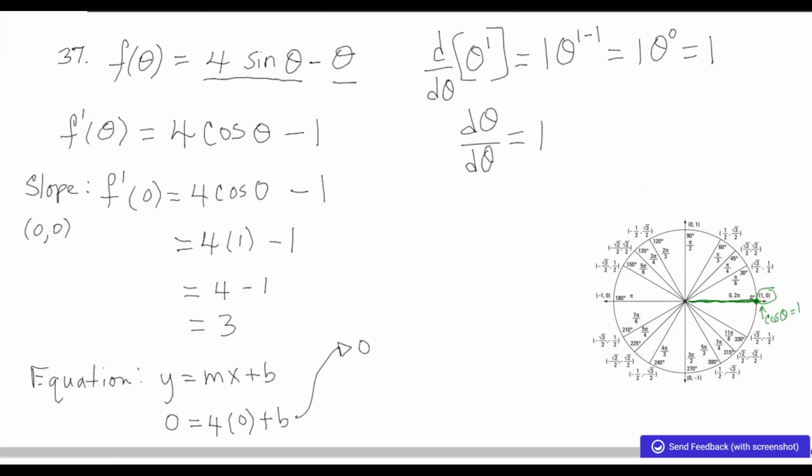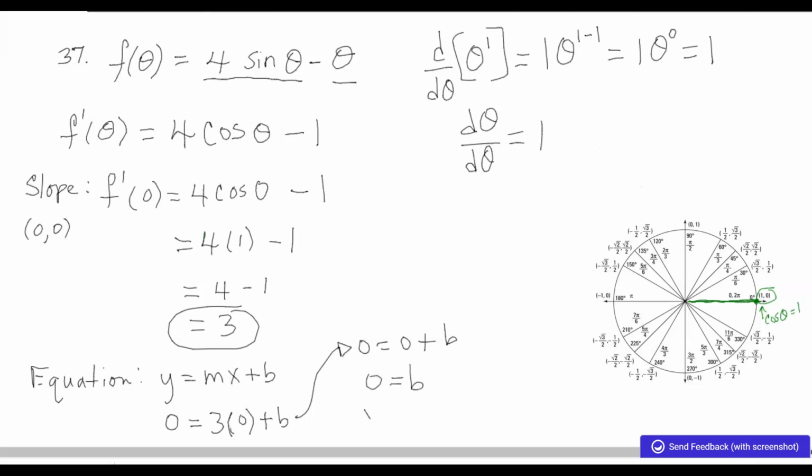I'm sorry, the slope is not 4, the slope is equal to 3. That's what we found right here. So it's going to be 0 equals 3 times 0 plus b. Well, that's just going to be 0 plus b, so b is equal to 0.